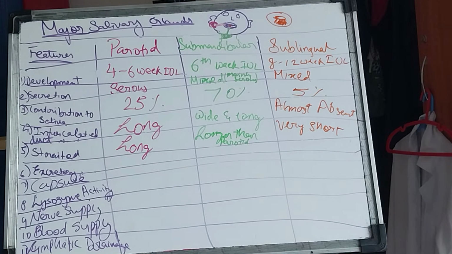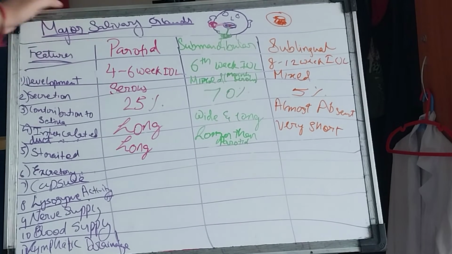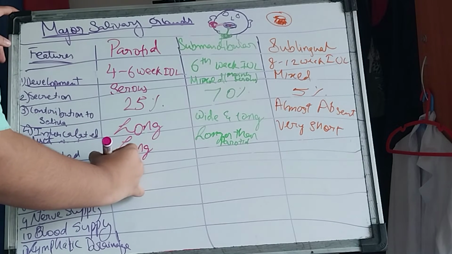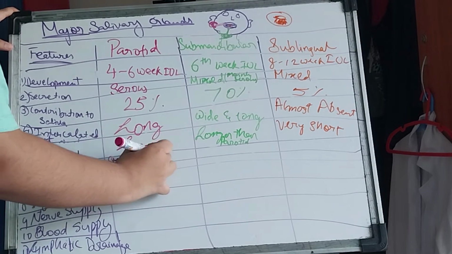So as I told, the excretory duct of the parotid gland is called the Stenson duct. Let me just write the name here.